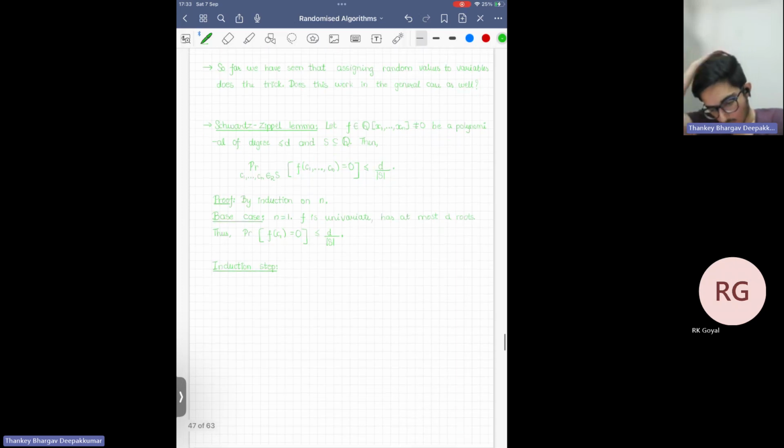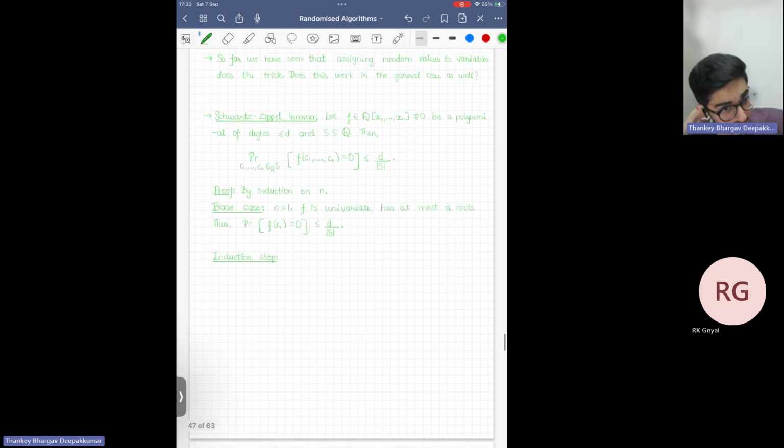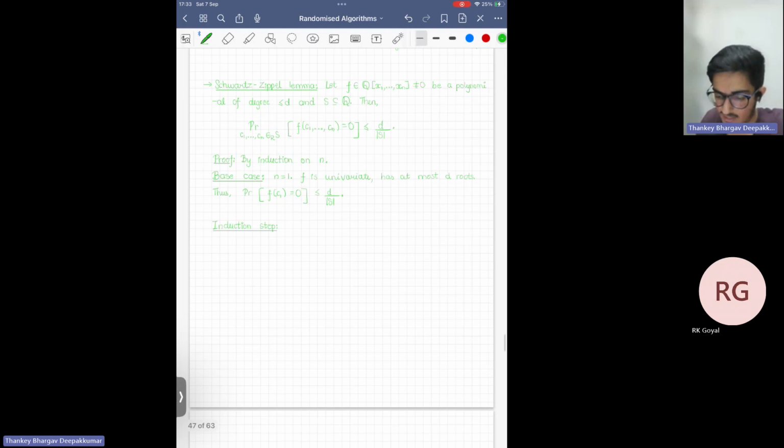This was the first thing that we saw this time. We have seen that this probability is less than or equal to d divided by delta, and delta was equal to 2d, and because of this, that's right.